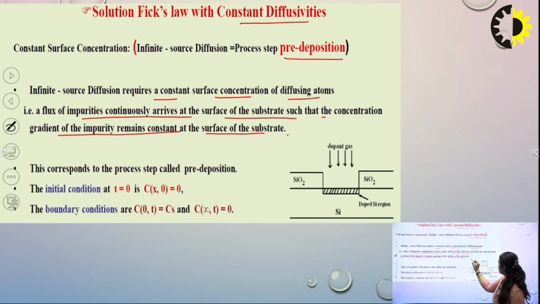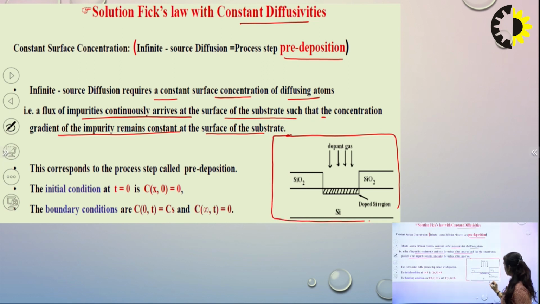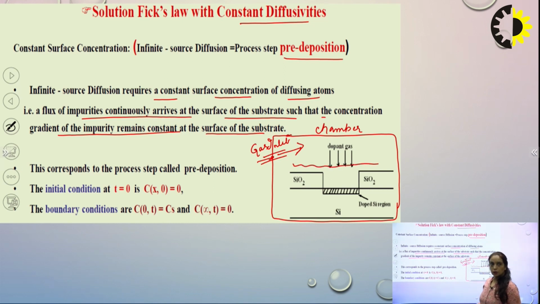Suppose this is kept inside the chamber, we have some gas inlet, and the gases are continuously flowing. So the concentration over this will remain constant. This corresponds to the process known as the pre-deposition process. A layer of gases will be deposited over here.